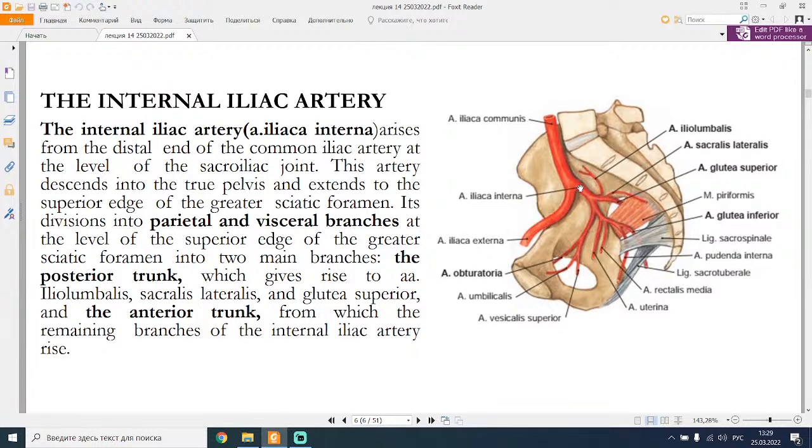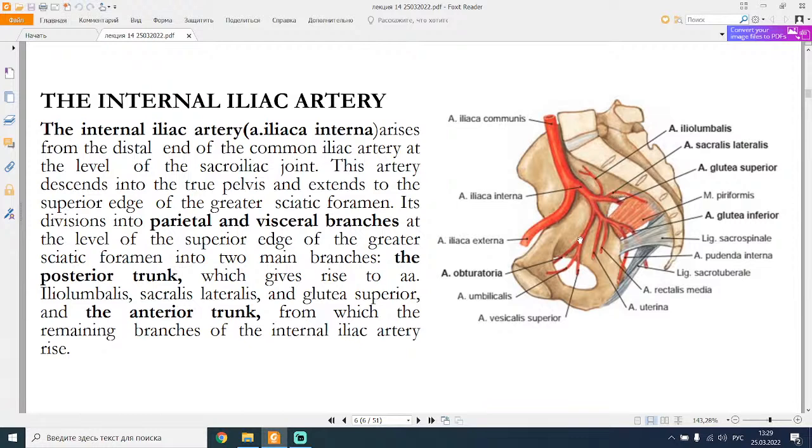This artery descends into the true pelvis and extends to the superior edge of the greater sciatic foramen.